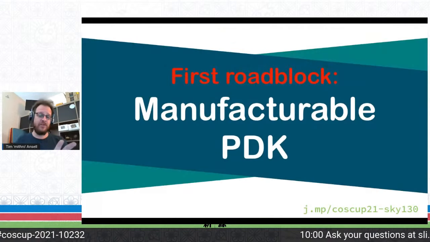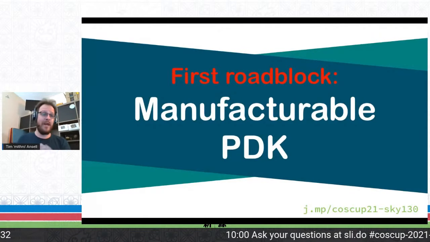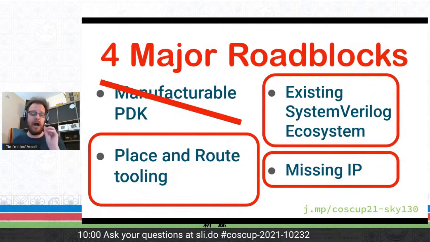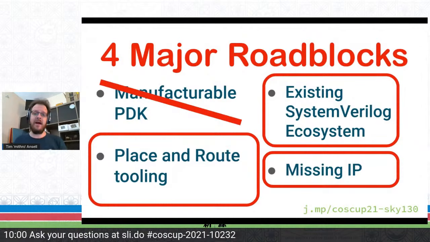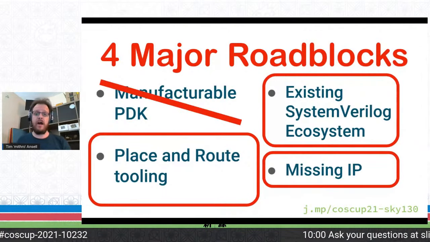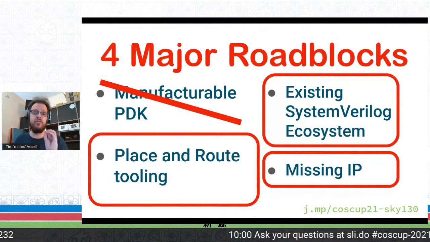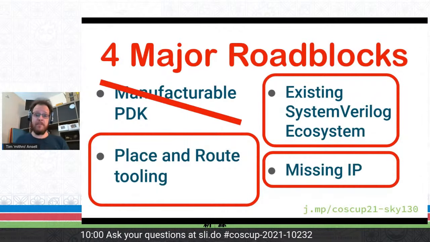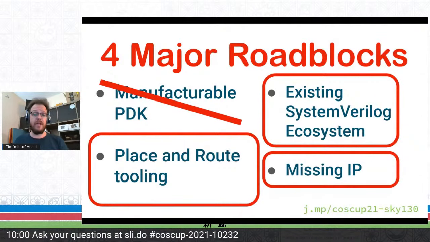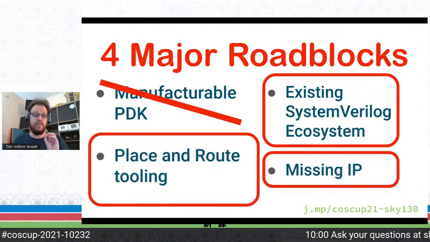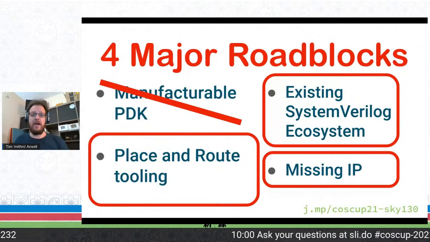And so manufacturable PDK, that is well under control and continues to be successful, but there are still other areas that need work. And so my team has also been working with these areas to improve the state in that area. Since I'm only limited time, I'm going to skip through them pretty quickly. But the first one is this place and route tooling.